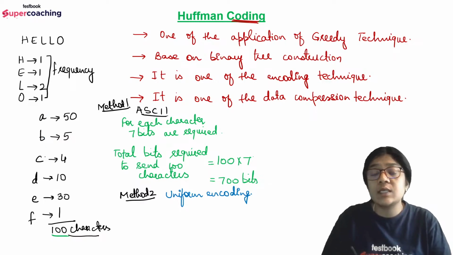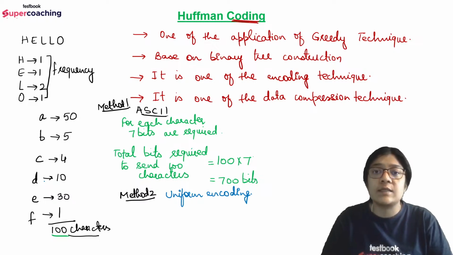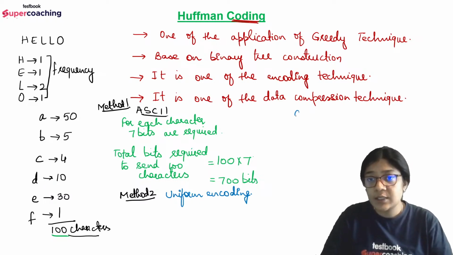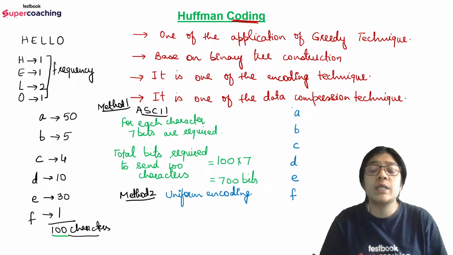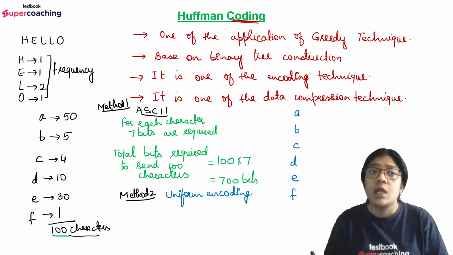Now we have 6 different characters, A, B, C, D, E and F. In order to uniquely identify these 6 different characters, how many bits will be required? That is based on the combination of the bits.